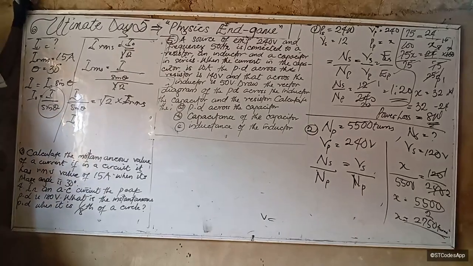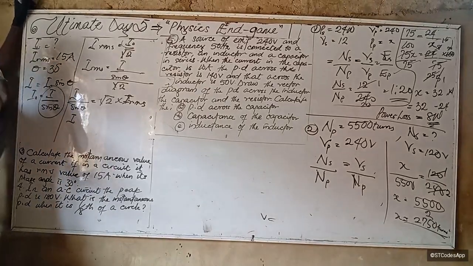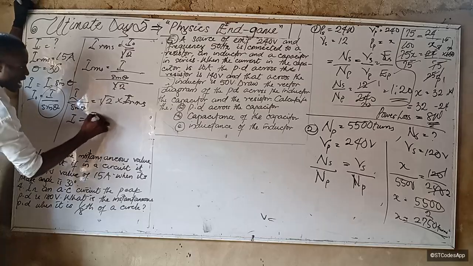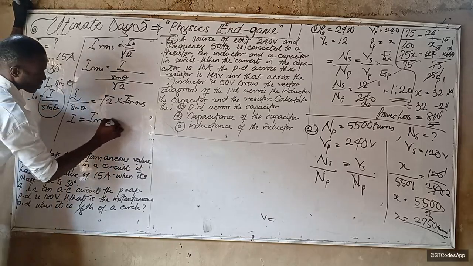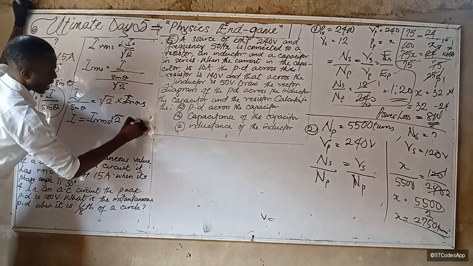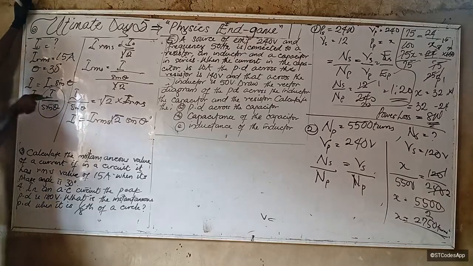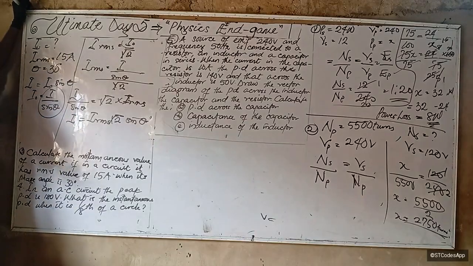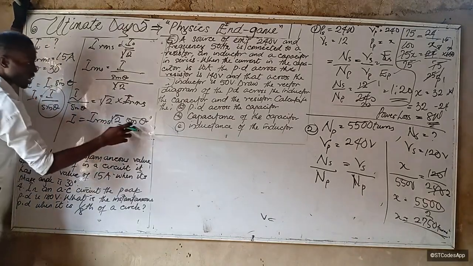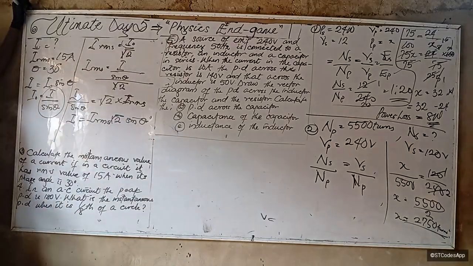So I here is going to be I RMS root 2 sine theta, the same as I naught sine theta. Is it clear?